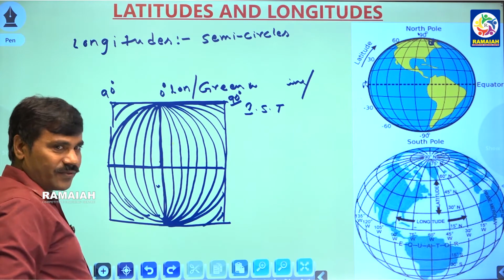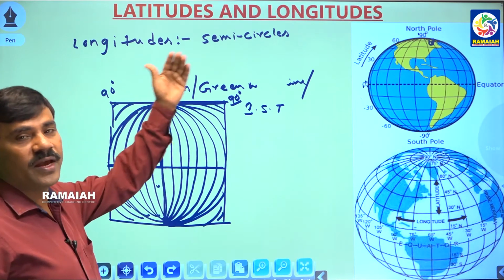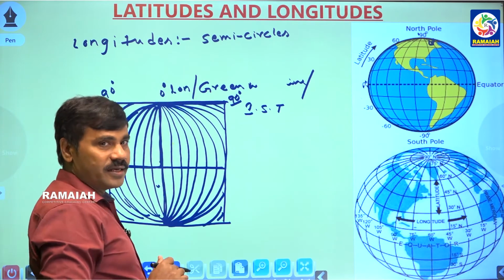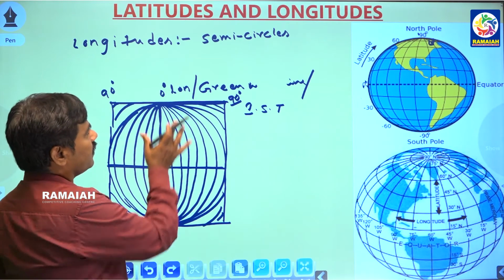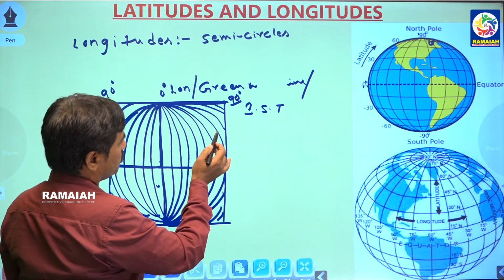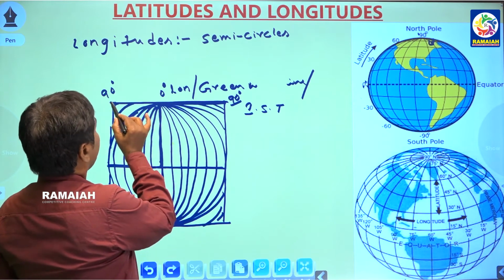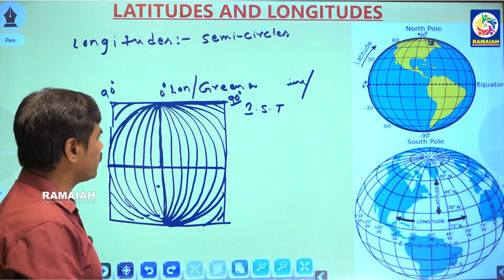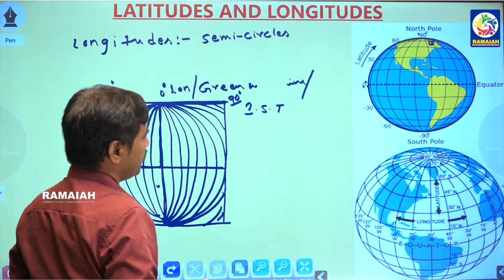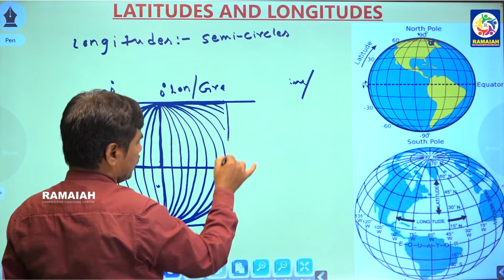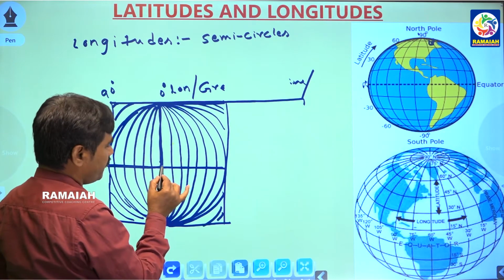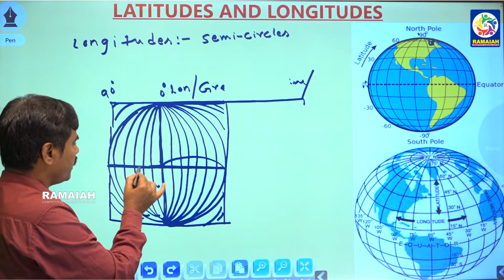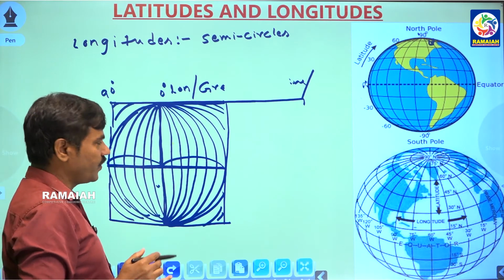This is half of the portion; the remaining half of the earth surface is on the back side. On the back side of the earth surface, longitudes are also drawn. Now you can see 90 plus 90 is 180, and the back side also has longitudes. From here 90, and the back side also has 90.